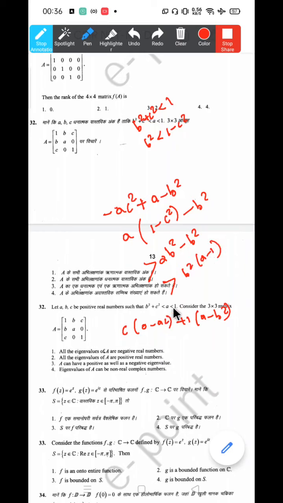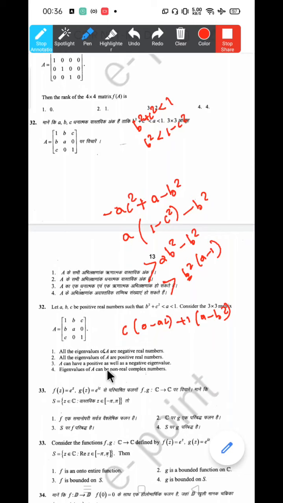So what can you say about A minus 1? That is always going to be negative. So this term is going to be negative, and it is negative, greater than that negative value actually, because B square is always positive. So all the eigenvalues are negative and real numbers.